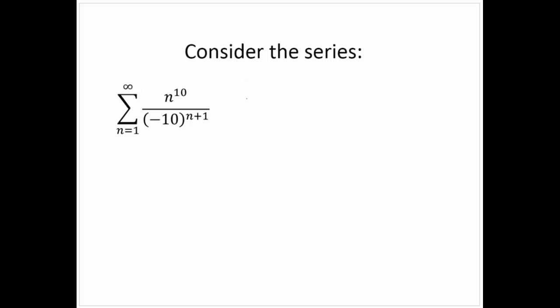All right, so my a sub n is n to the 10th over negative 10 to the n plus 1. And so then, if I'm going to think of the ratio test, a sub n plus 1 would be n plus 1 to the 10th over negative 10 to the n plus 1. So we're going to try the ratio test.